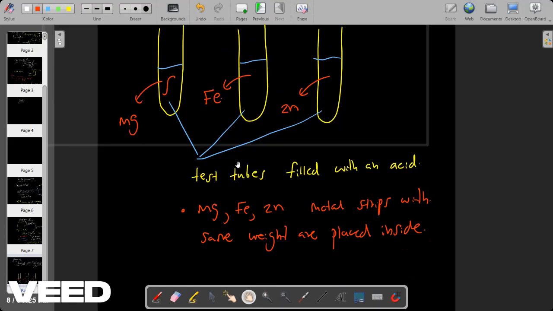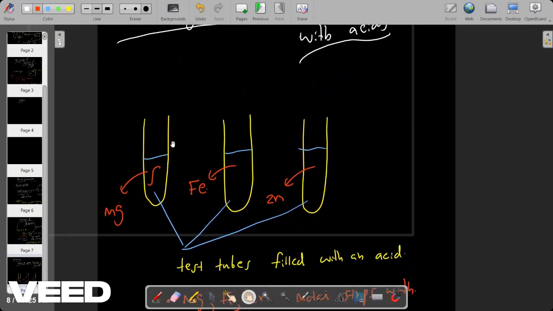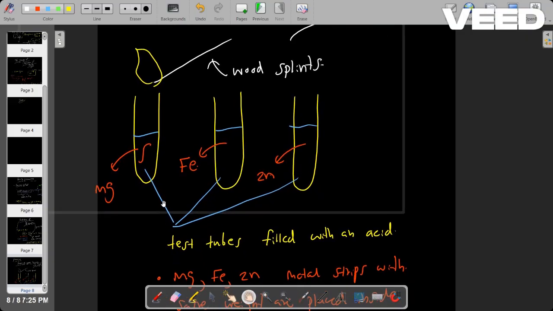All right. Then what we do now is we can use a wood splint like this, and hold it at the top of the test tubes and observe.